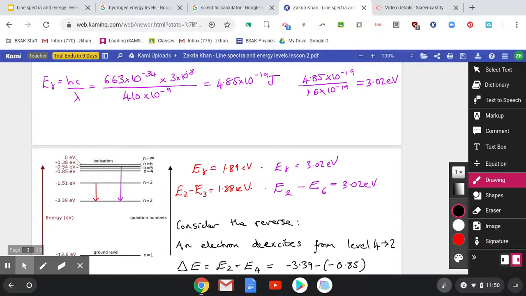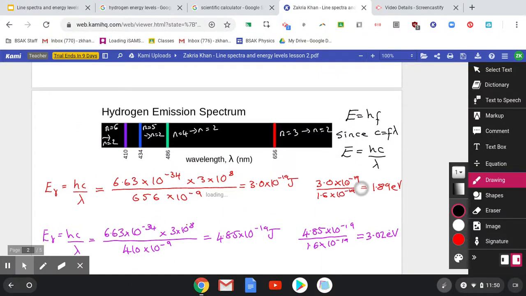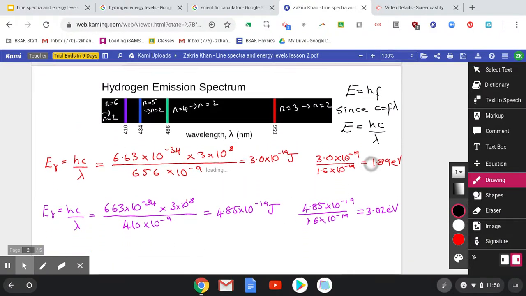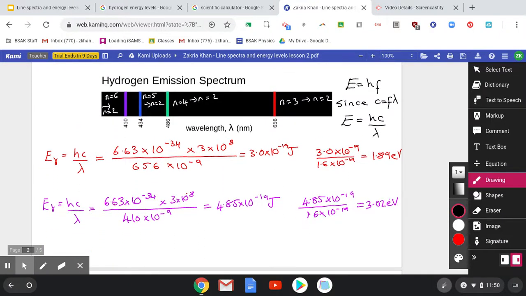So if we go up to the energy level, the line spectra, now written in right next to each line, is what each line represents. So this red line represents when an electron de-excites from n equals 3 to n equals 2. The purple line is when an electron de-excites from n equals 6 to n equals 2.